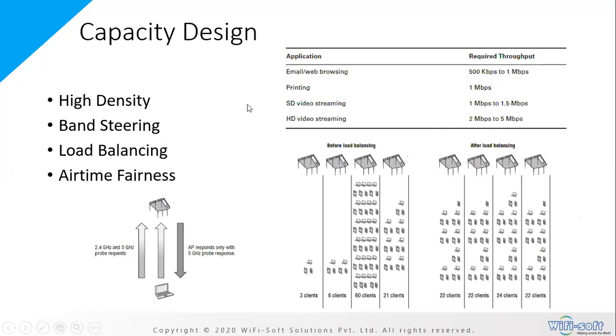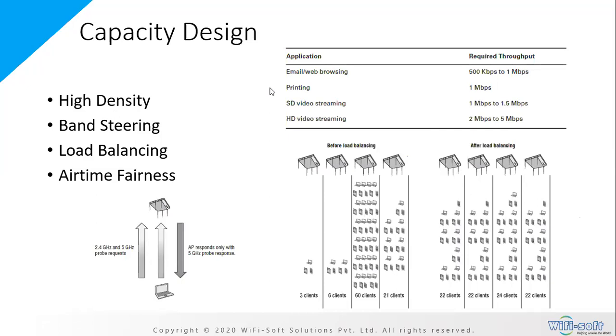Whenever you are designing any high density network, remember earlier I told you how much is the realistic speed that is available to you. There are a lot of factors that go in there, such as multipath interference and absorption of your RF. Our previous video discussed all those things about RF. After all of that, you have to do capacity planning by understanding what kind of applications are being used.